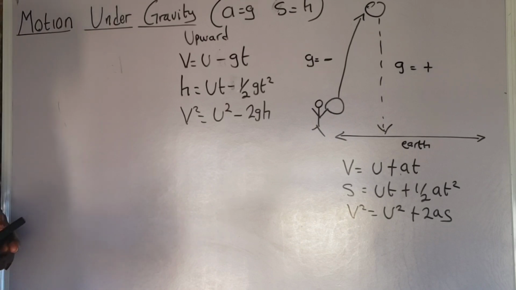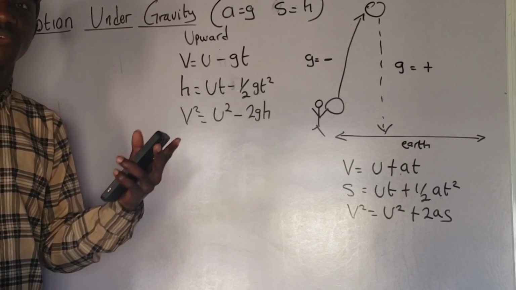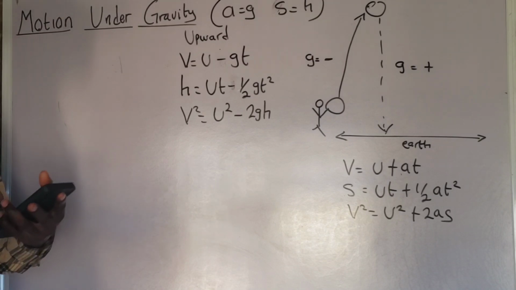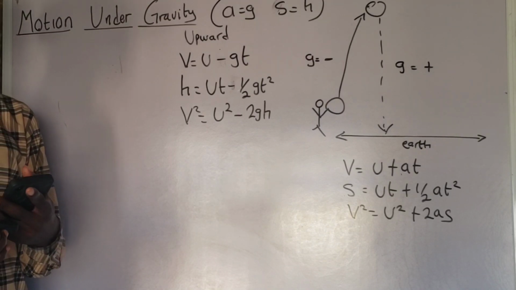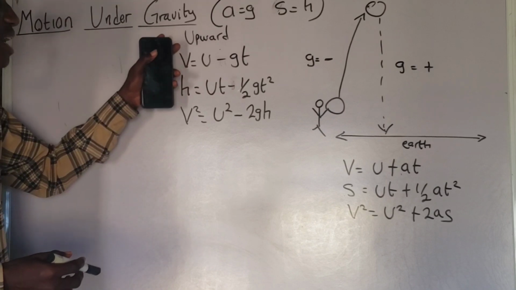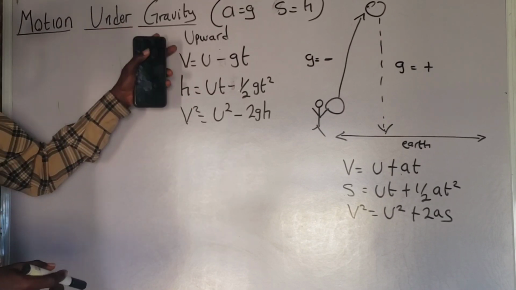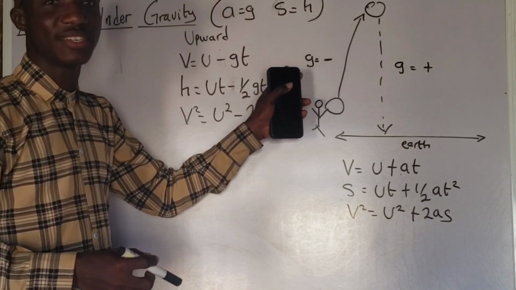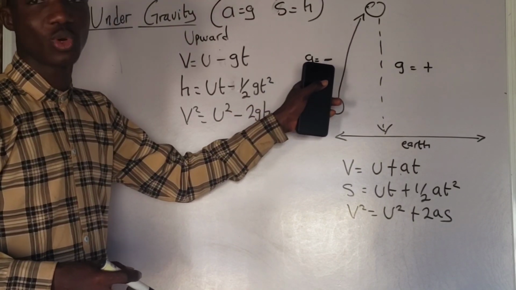Because when we talk about gravity, we can have a body opposing gravity or a body moving in the direction of the force of gravity. Now, because we are dealing with an upward motion under gravity, for example when the ball is being thrown up, the gravitational acceleration will be negative.